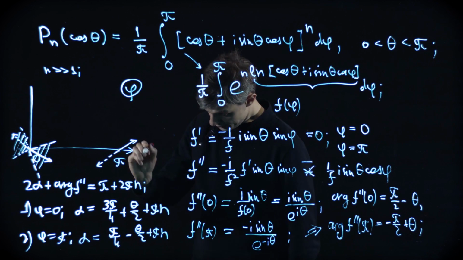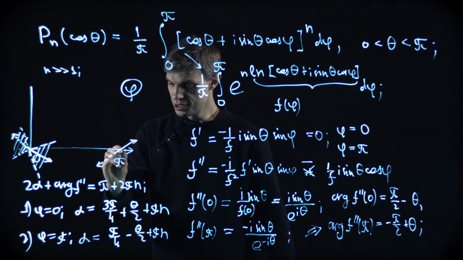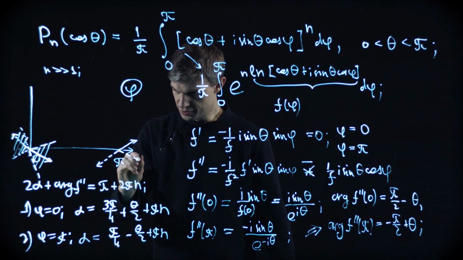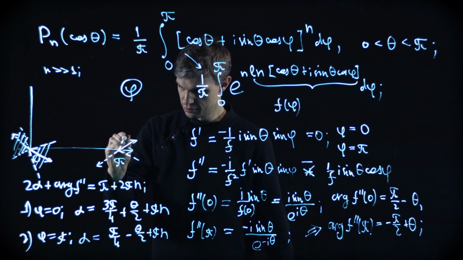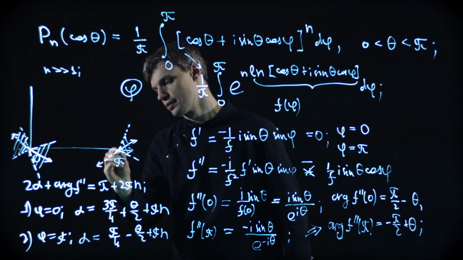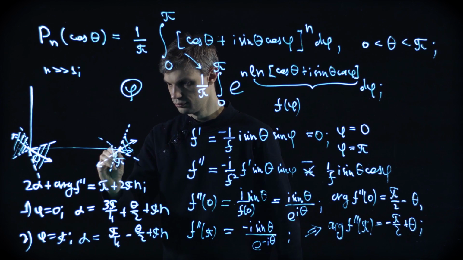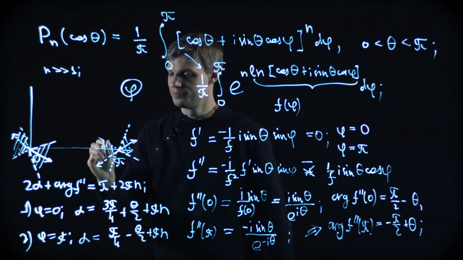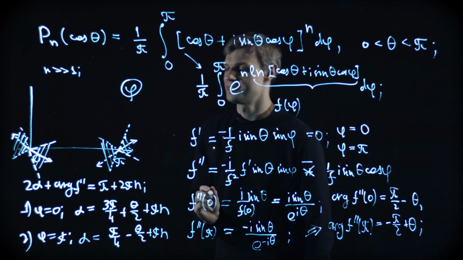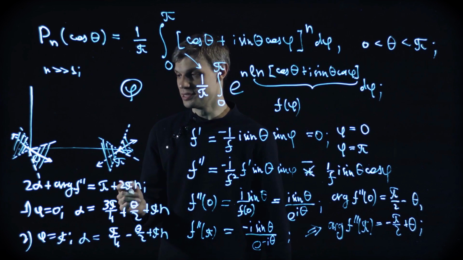And the allowed regions are inclined by 45 degrees, as before. So the first one, and the second one. Now, I think you already guessed what the correct deformation of the contour is.